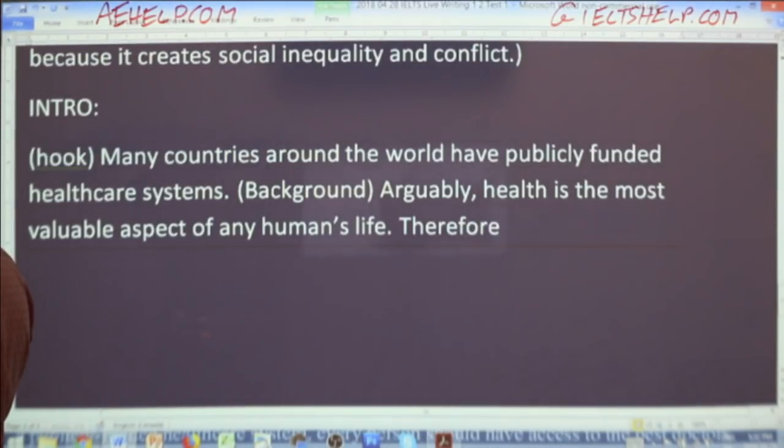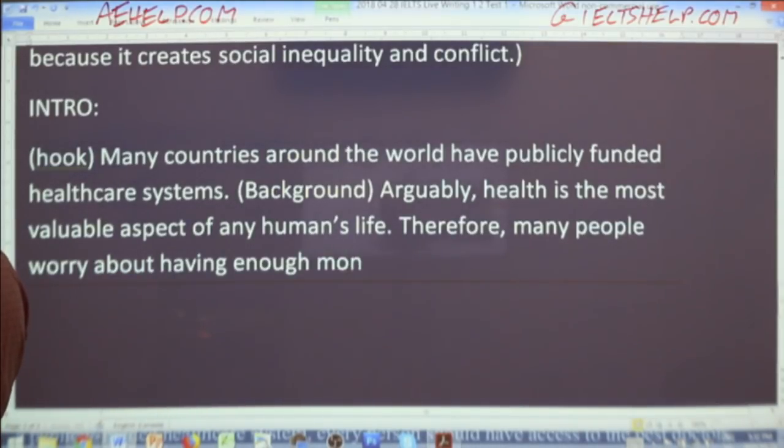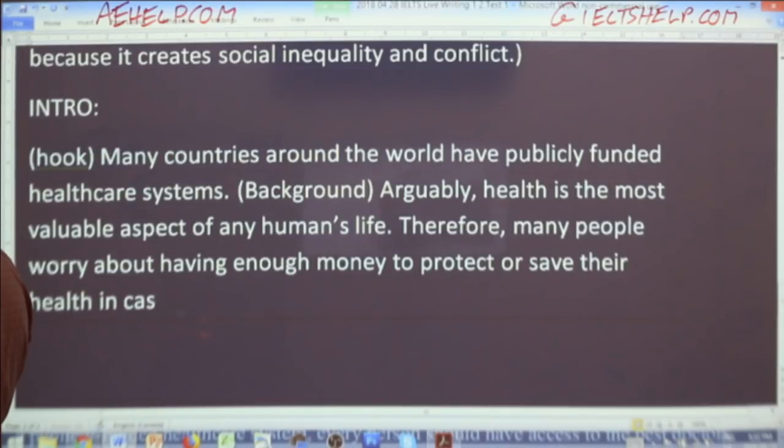Therefore, many people worry about having enough money to protect or save their health in case of trouble.